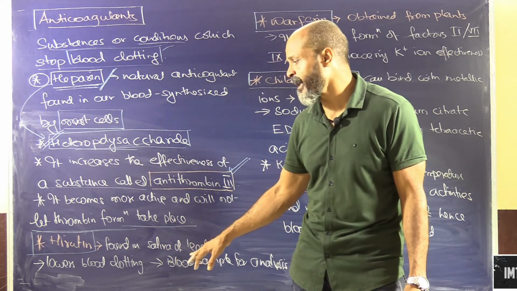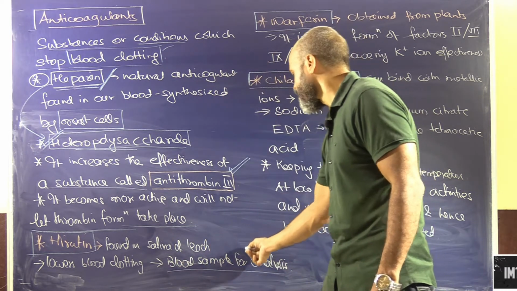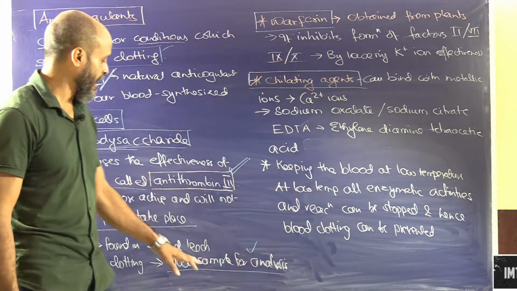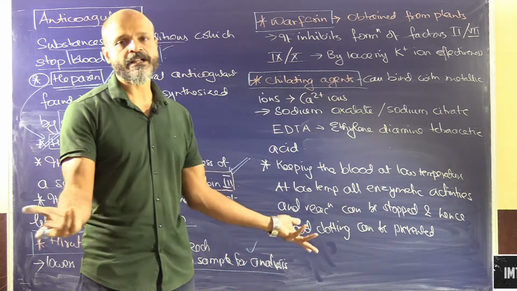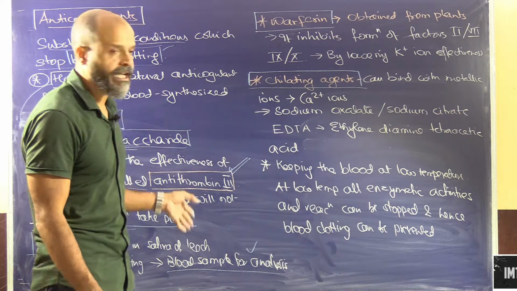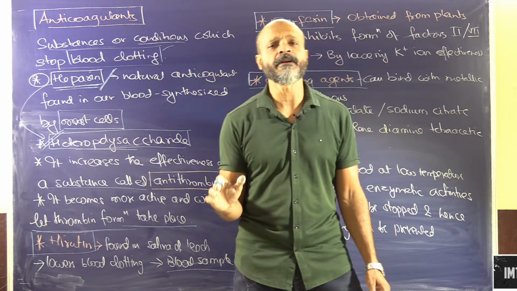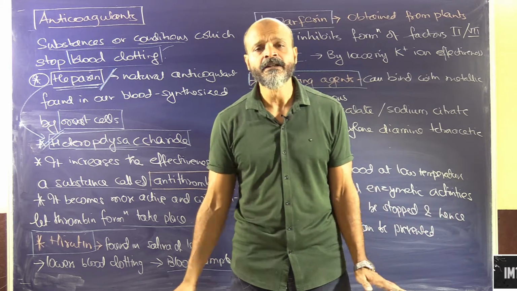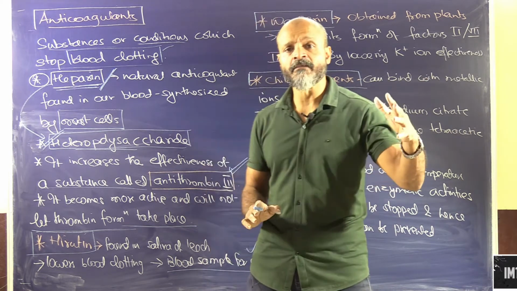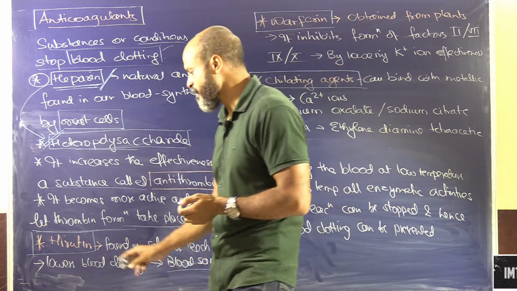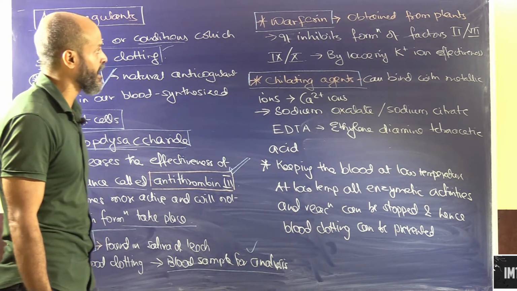This lowers the clotting, and blood samples taken for different types of analysis can be prevented from coagulation. Because if the sample is exposed to air, the entire cascade mechanism will start, since all the ingredients of the cascade mechanism are mostly present in the plasma, and the blood will become thicker and thicker. So instead, hirudin is added so that the blood sample can be taken for analysis.